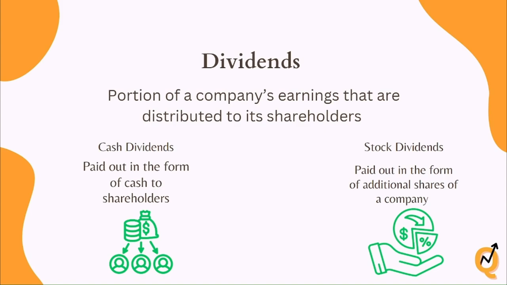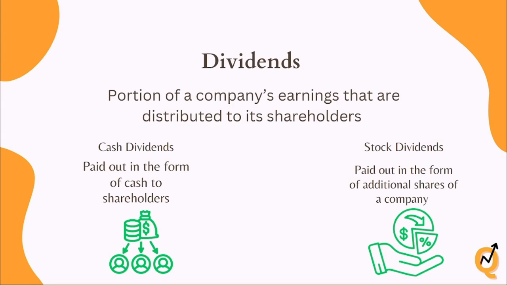So someone that has less stock would earn less in dividends than someone that has more stocks. And there are two ways that a company can pay dividends. They can either pay cash dividends, so literally just giving these shareholders money, or they can pay stock dividends, which means the shareholders are getting more money in the manner of gaining more stocks.